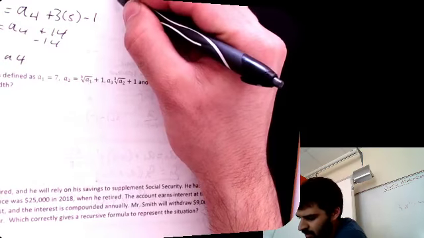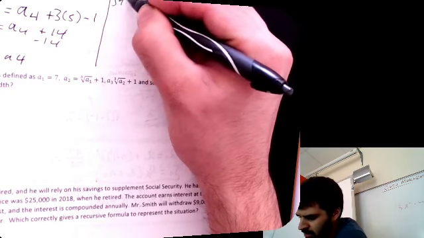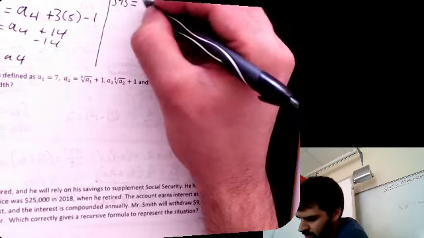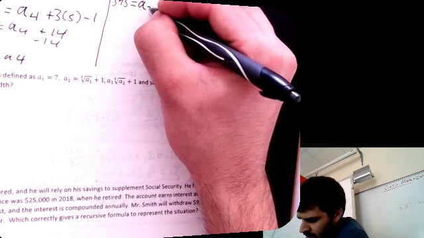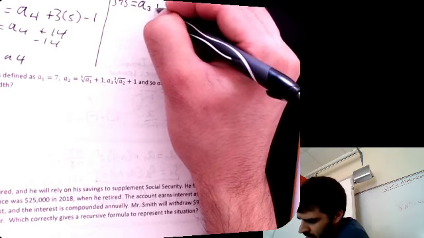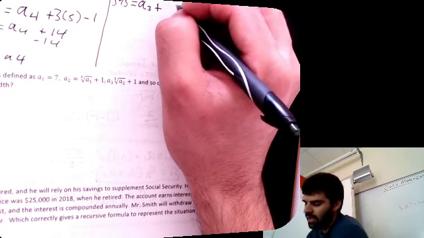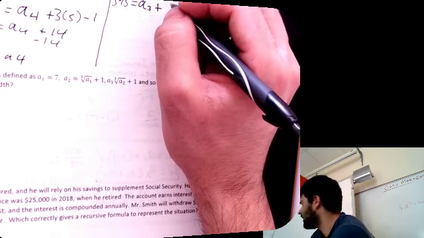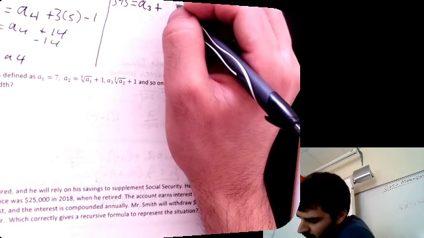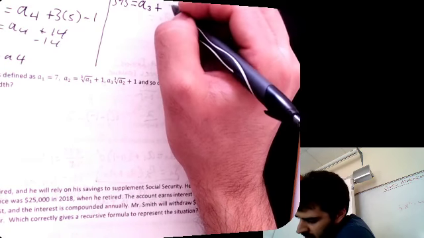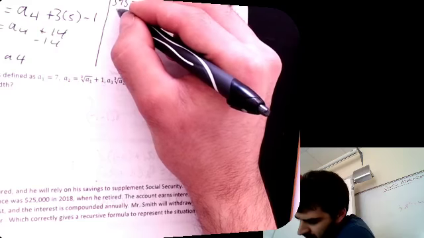So to evaluate A3, you can say 393 is equal to A3 plus 3 times n minus 1. This is A4, so this is the 4th term.